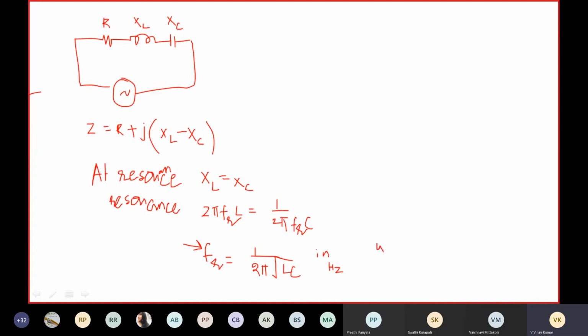Then omega R, or omega naught, is equal to 1 by root LC. 2 pi f is nothing but omega, so 2 pi into fR is nothing but omega R. So omega R is equal to 1 by root LC. This is also the resonant frequency in radian per second.